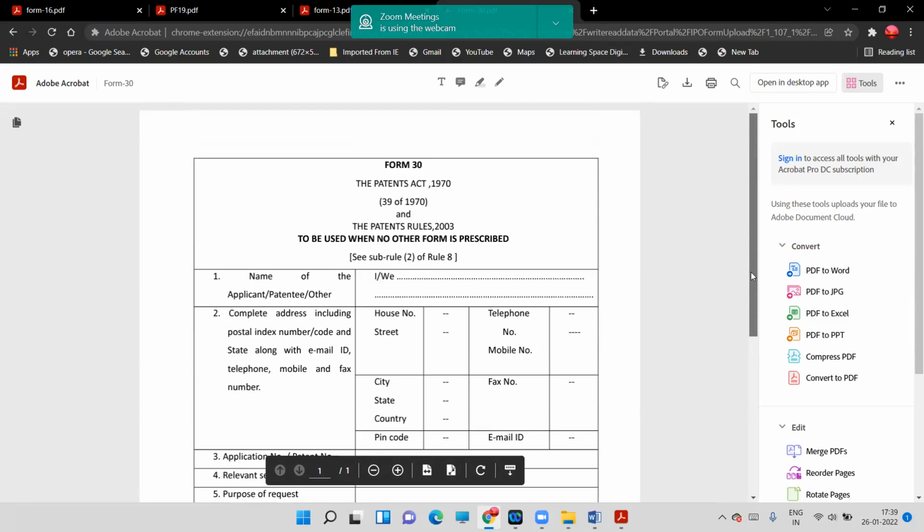Okay, read a little about all these forms. Starting with Form 30, sub-rule 2 of rule 8, to be used when no other form is prescribed. Write this much for Form 30, and after that this highlighted portion, that is sub-rule 2 of rule 8.